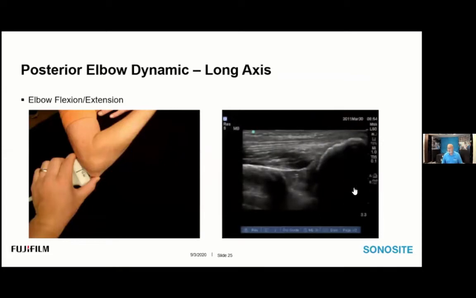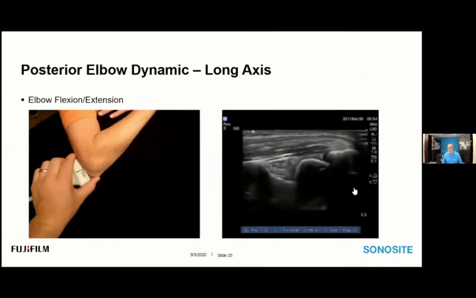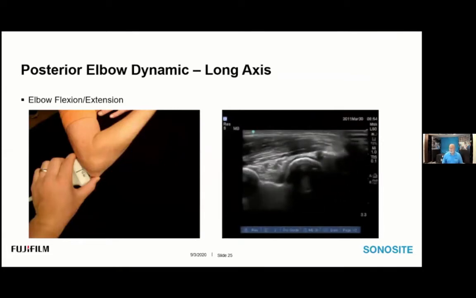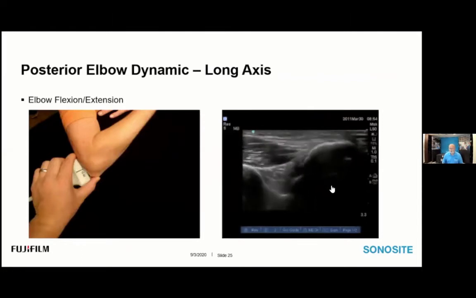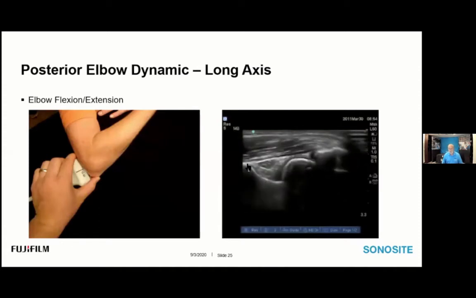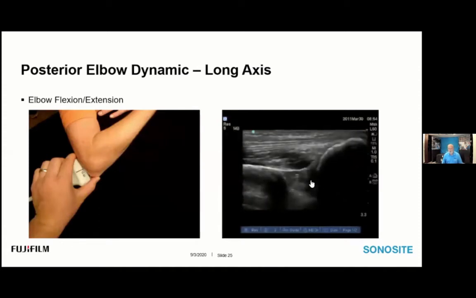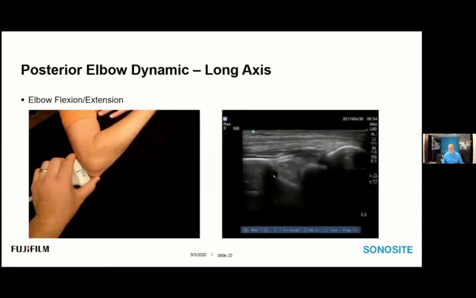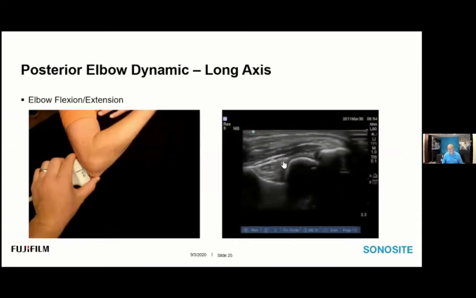Observation during flexion and extension of the elbow can be very helpful in evaluating the triceps for tear, and can also assist in identification of loose bodies that can be pushed out into the olecranon fossa. So the olecranon fossa here, humeral trochlea, humeral ulnar joint.